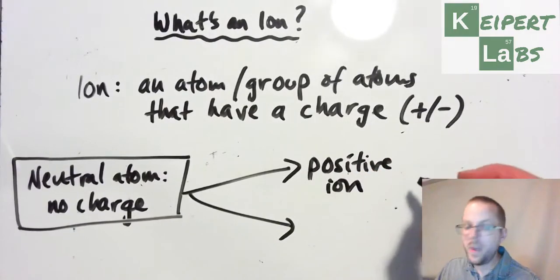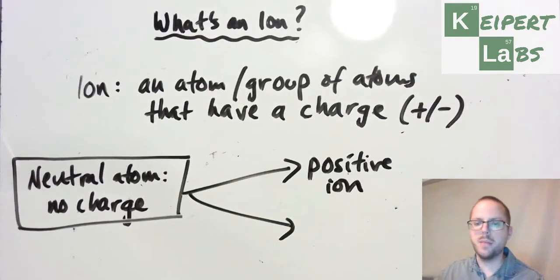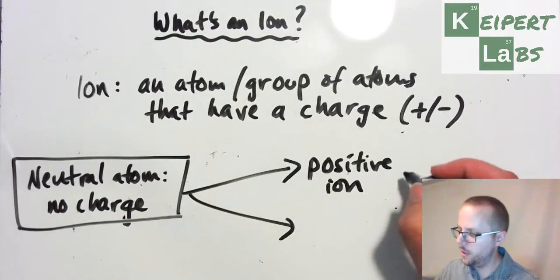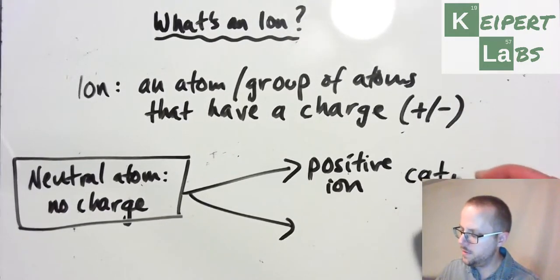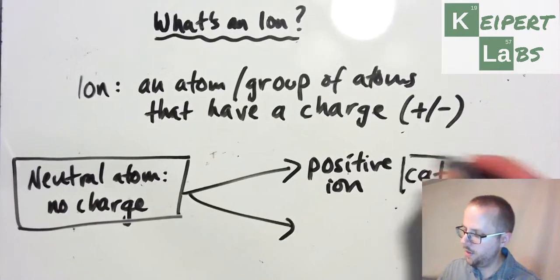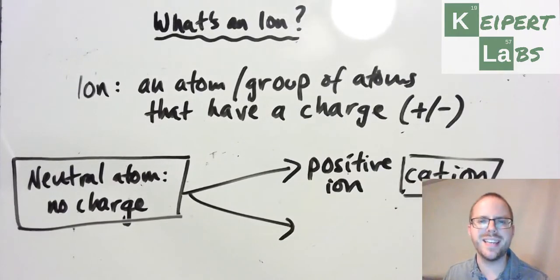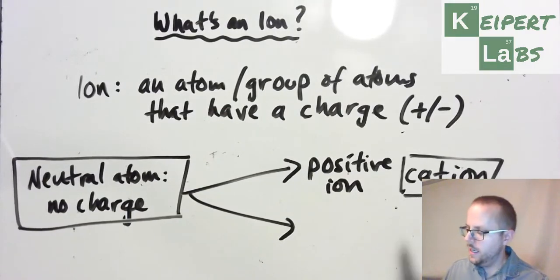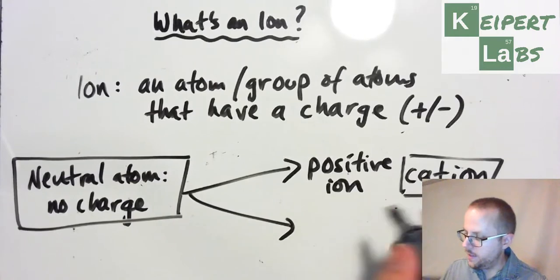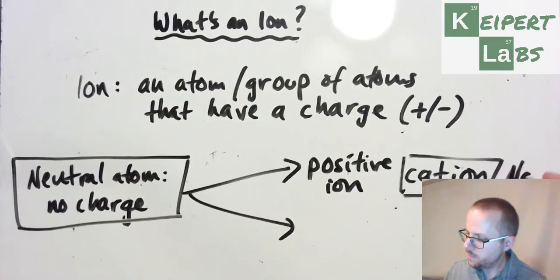And so we give a special name to things that are positive ions. We call them cations. Now I realize that it looks like you'd say it "cat-eye-on", because like in location or vacation, but we pronounce it cation. And so that was like our sodium.